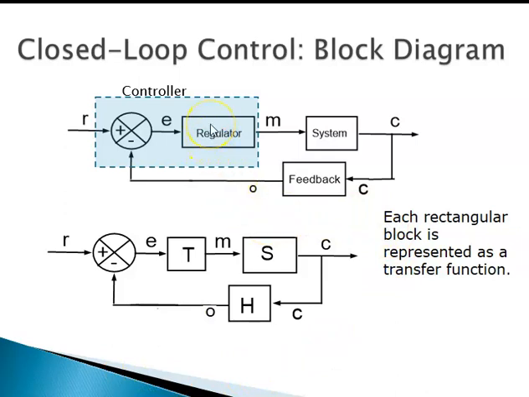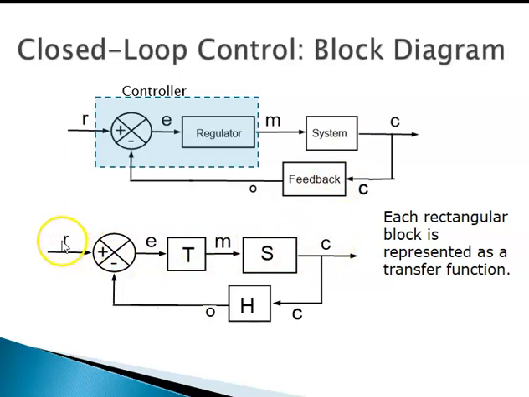This regulator we are representing by symbol T, and then the system we are using the symbol capital S. This feedback we are representing by capital H. Capital T, capital S, and capital H are three systems. Later we will see that this T is called the transfer function of the regulator, S is called the transfer function of the system, H is called the transfer function of the feedback.